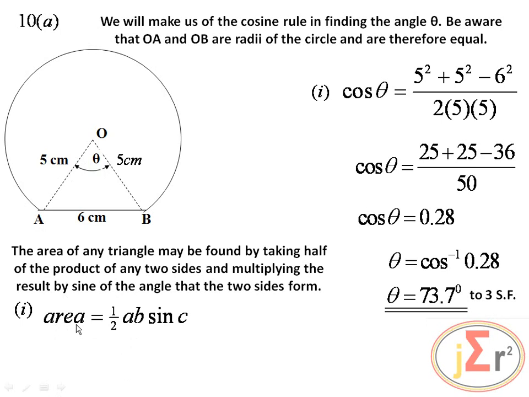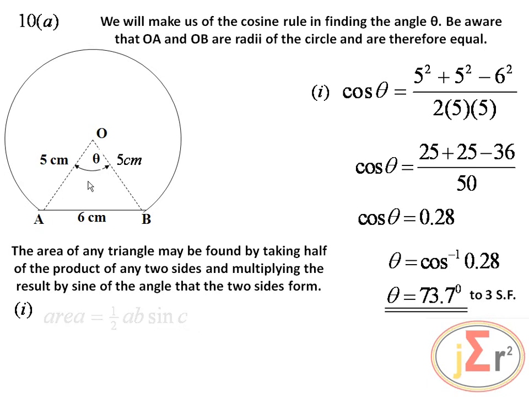We are using that, half ab sine C. a and b are the 2 sides that form the angle C. The 2 sides in this particular case are these 2 sides, 5 centimeters, 5 centimeters. The angle that they form is 73.7 degrees.